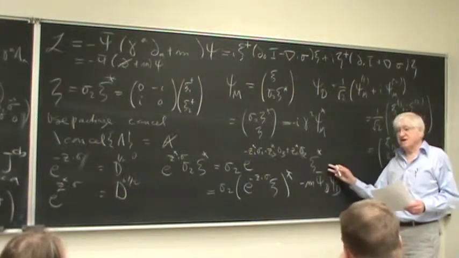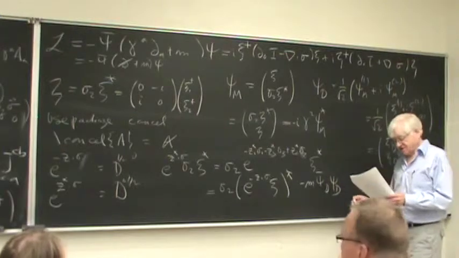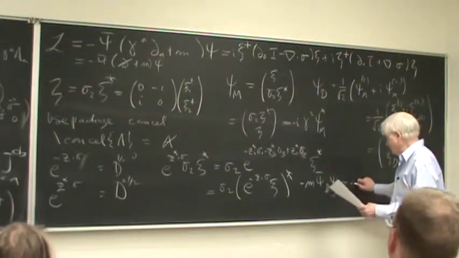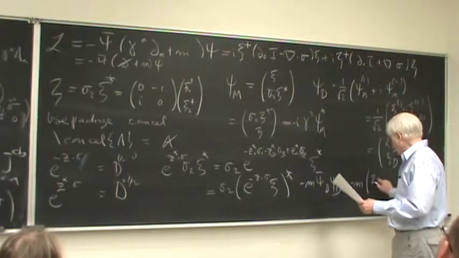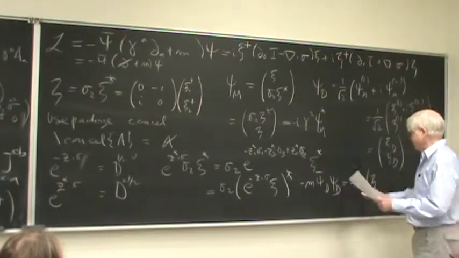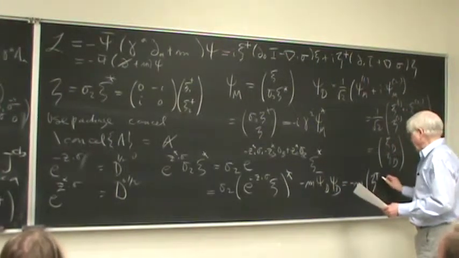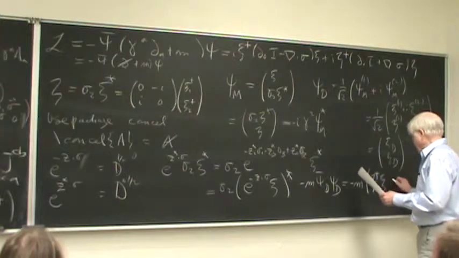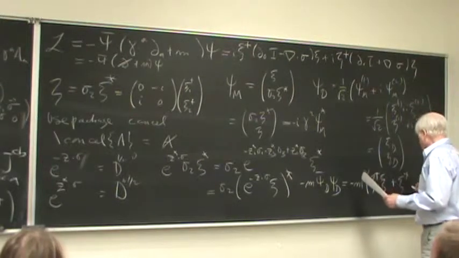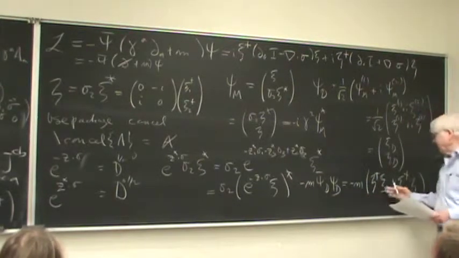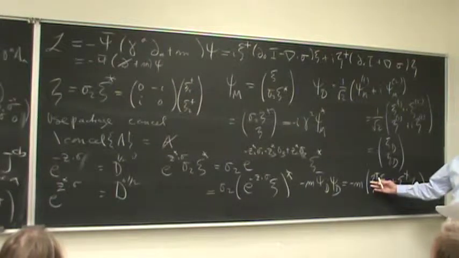This is psi dagger gamma 0, and so the thing is flipped. So this actually is m, I'm going to skip using the D, psi dagger, C plus C dagger zeta, where C is left-handed and zeta is right-handed.